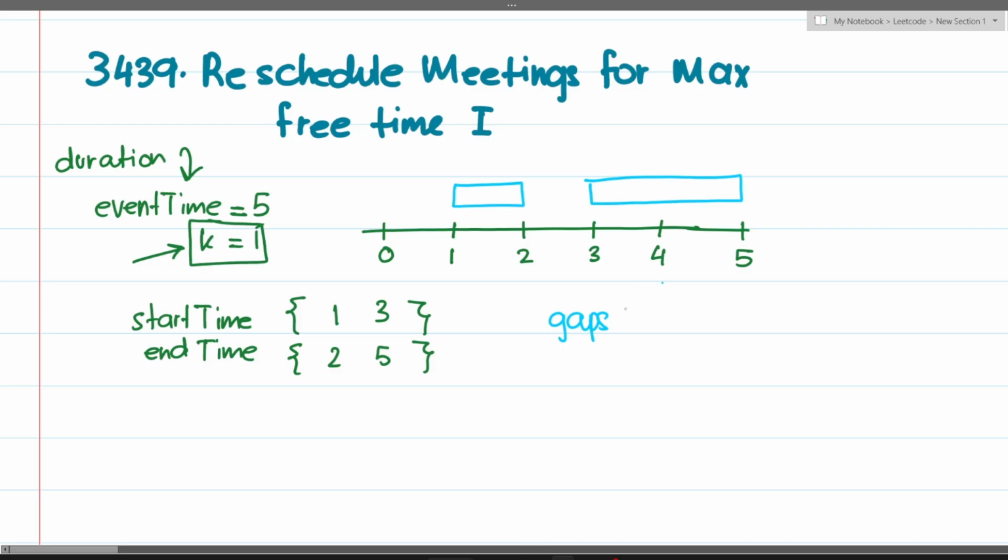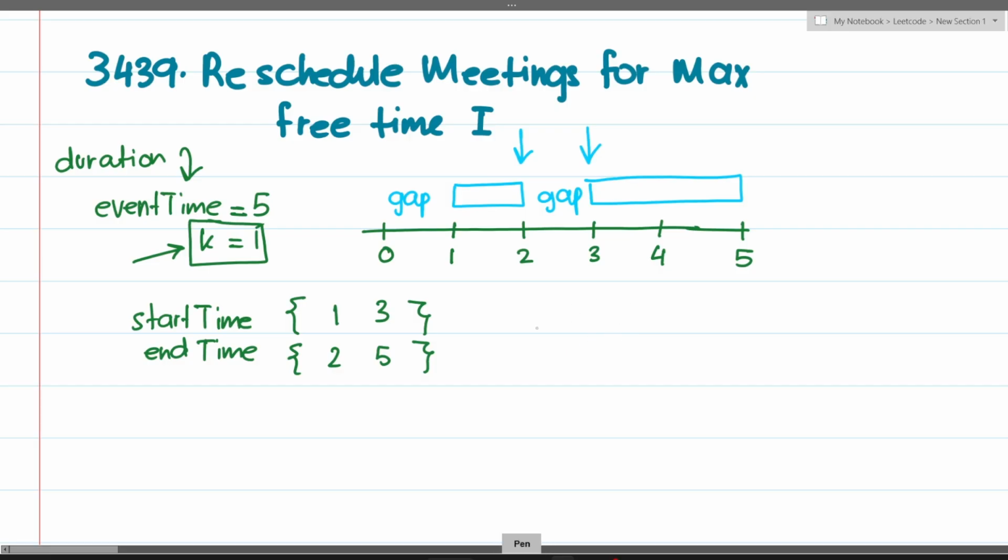We don't really care about when the event starts or when it ends. What we care about is when our current event ends and when the next one starts. We care about the gap. We don't really care about their timings or their relative position, because the gap, the free time, is what we are trying to maximize.